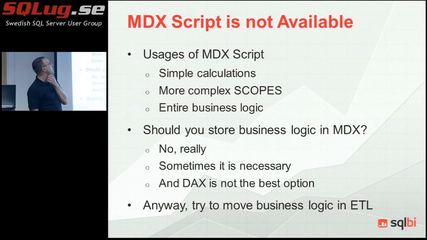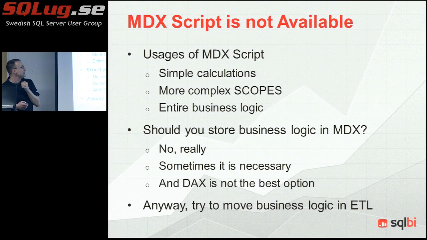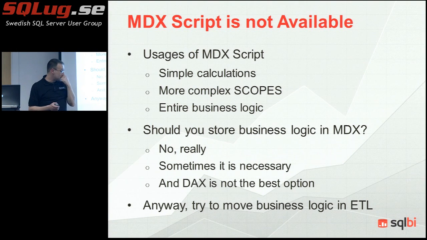Then another scenario where things can be a problem is MDX script. I have seen a lot of MDX script code from customers, and I have to say that the number of lines of MDX in a cube is a good indicator of how well the cube is designed.